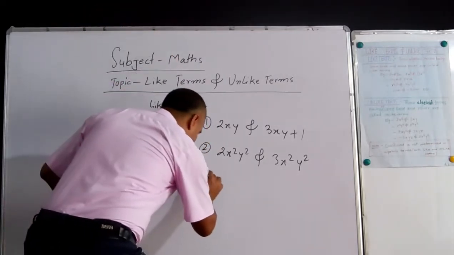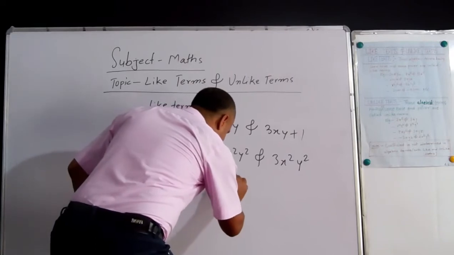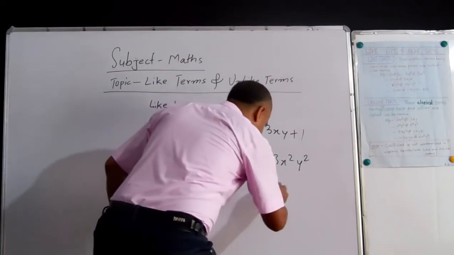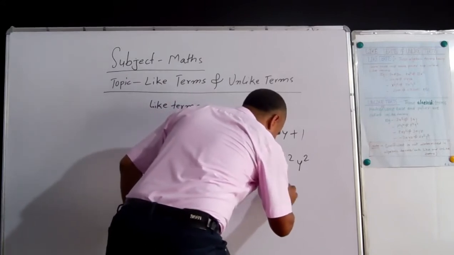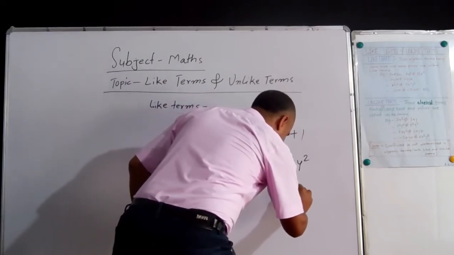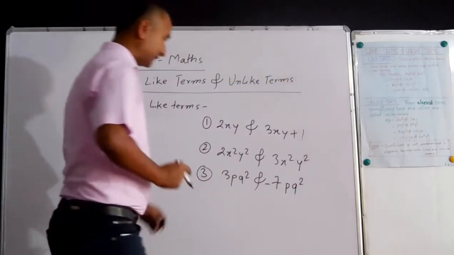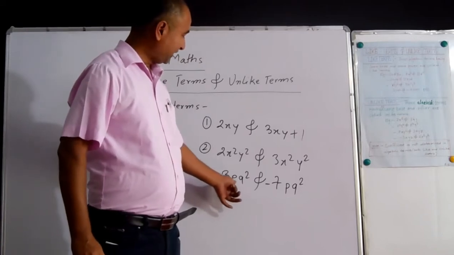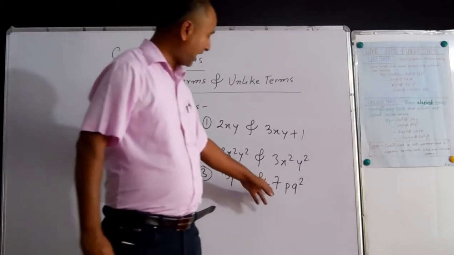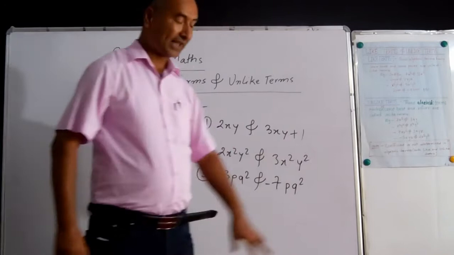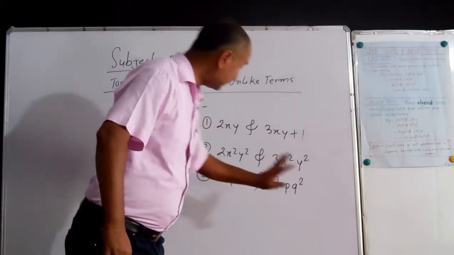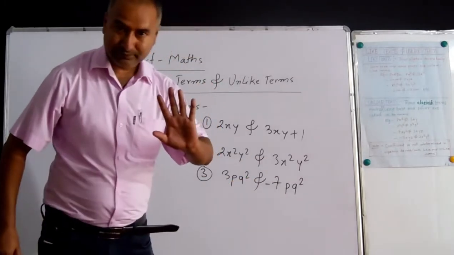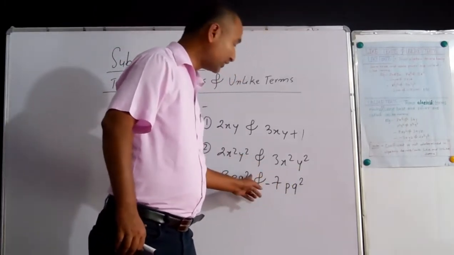Now, third example, 3pq square and minus 7pq square. That means both the variables are the same and the powers are also the same.